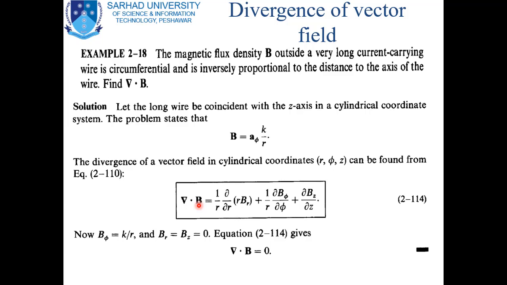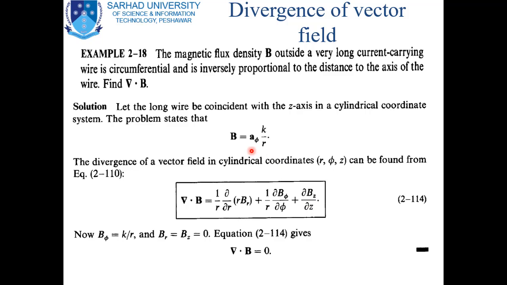The cylindrical coordinates are r, phi, z, and the divergence of a function in cylindrical coordinates can be written as 1 over r del r Dr over del r, which is the radial component, plus 1 over r del D phi over del phi, which is the phi component, plus del Dz over del z.